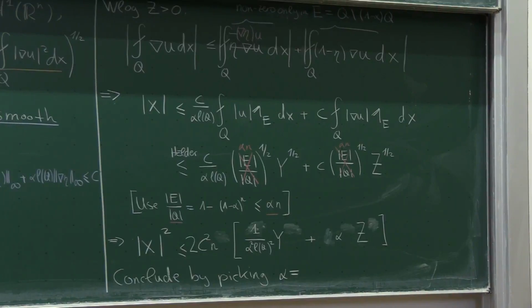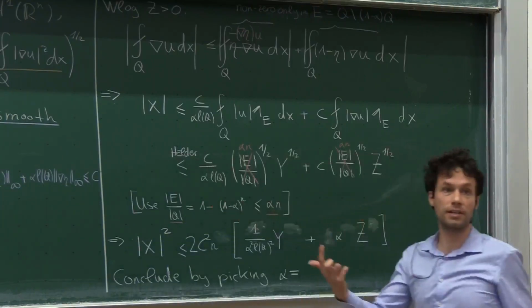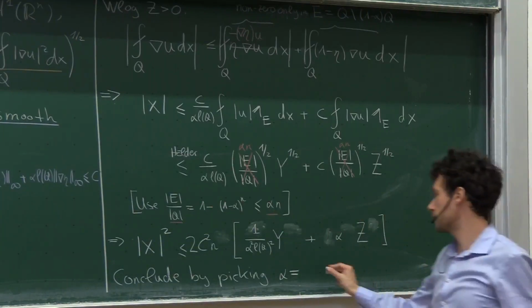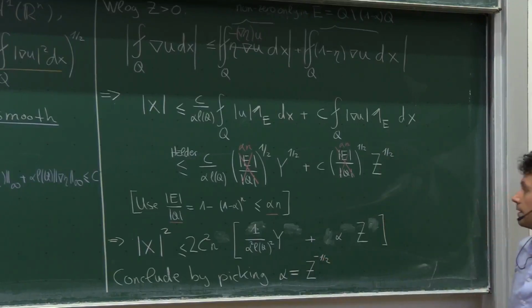I think this is a game that you know by now. I want to have the square root of y and the square root of z on the right hand side. So the alpha goes with a c, so that's 1/2 of exponent too much, so I put a z to the minus 1/2 into the alpha.